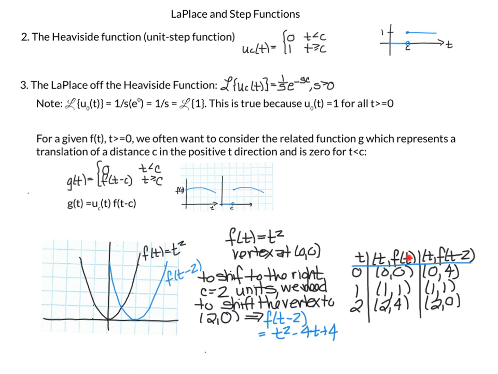So we have this vertex at (0, 0). Now for this function here, if we want to have the value of f equal to 0 matched 2 units over, what we would need to do is subtract from the x coordinate, t minus 2, right? So by subtracting in the x coordinate, we get the same thing as if we had t equals 0. If c is equal to 2, then we have 0.